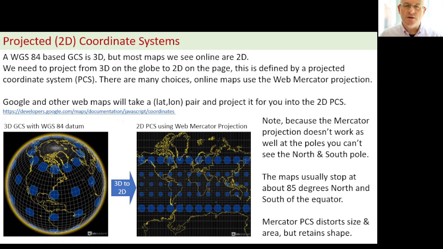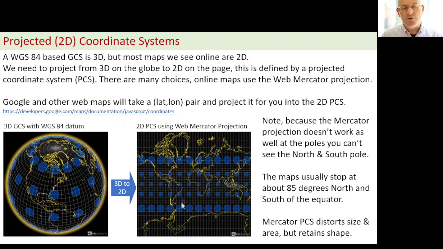They're all projections, so they're projecting a 3D surface to a 2D surface, and in doing that you have some compromises to make. So for example here, this is the Web Mercator projection, which is used by all web maps, and it distorts size and area, as you can see. So the size of these disks, which are all the same size on the globe, are actually different. But it retains shape.